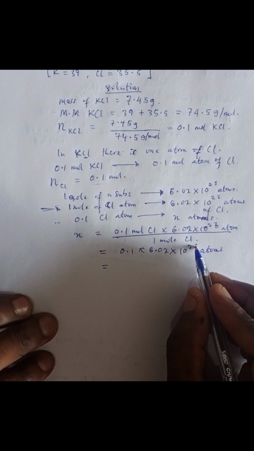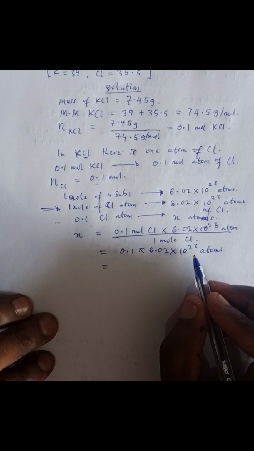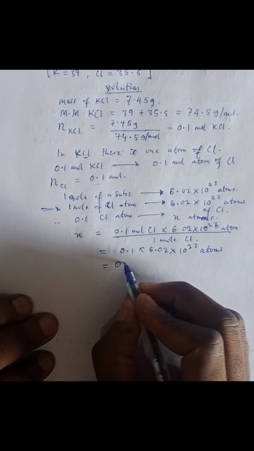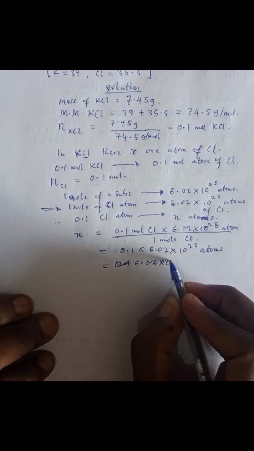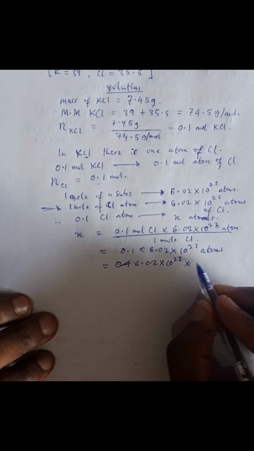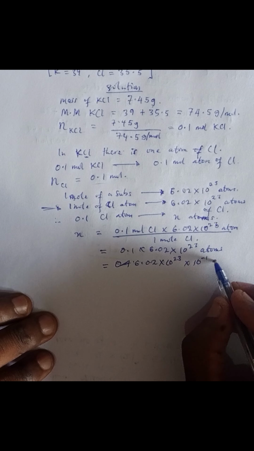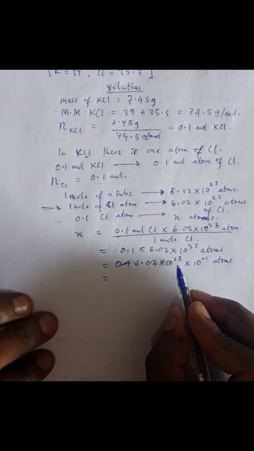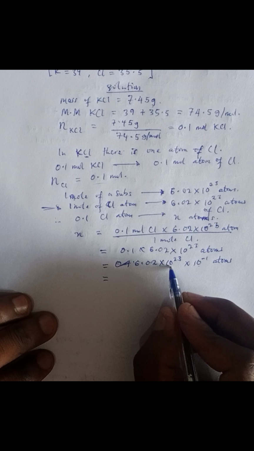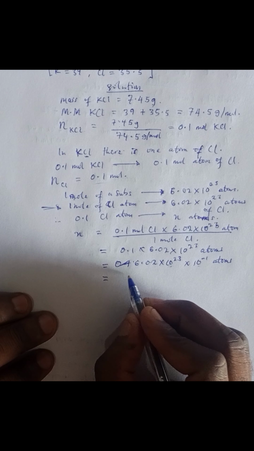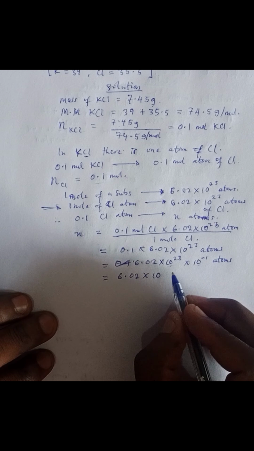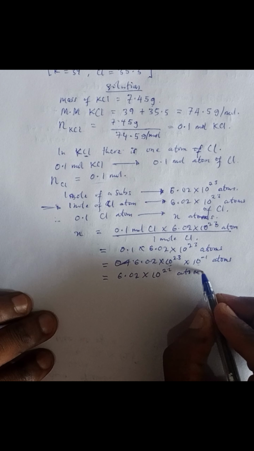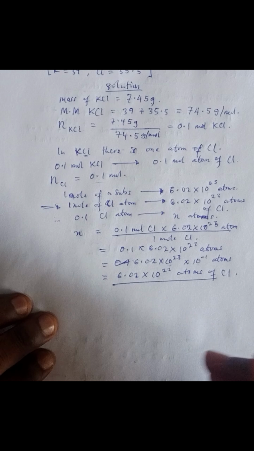So 6.02 times 10 raised to the power of 23 multiplied by 10 raised to the power of -1 atoms. You have to add the powers of these two indices. So you now have 6.02 multiplied by 10 raised to the power of 23 minus 1, which will give you 22 atoms of chlorine. That is the final answer.